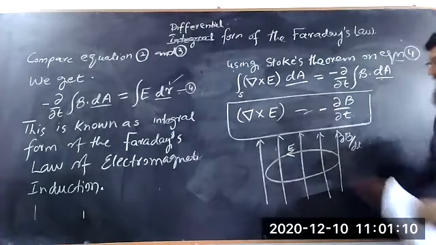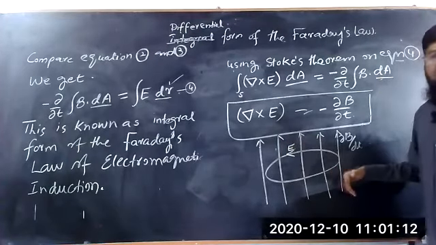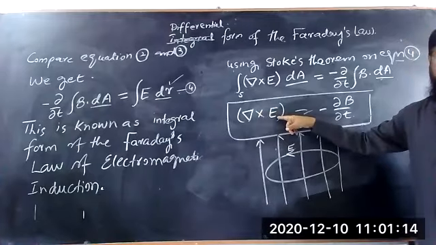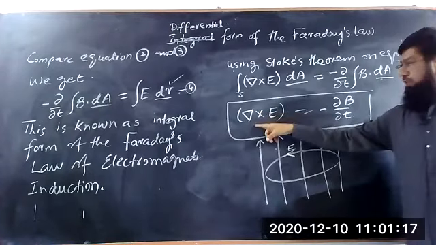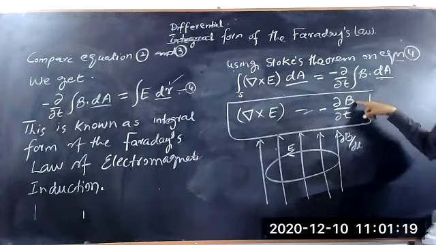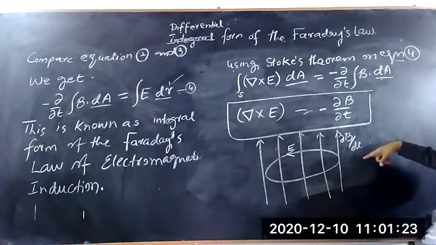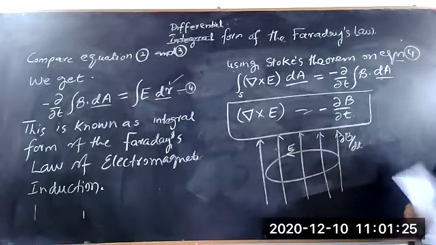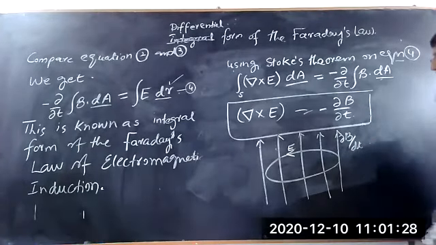The electric field will be produced in this direction. So the rotation of the electric field is because of the rate of change of magnetic field. This is known as the differential form of Faraday's law.